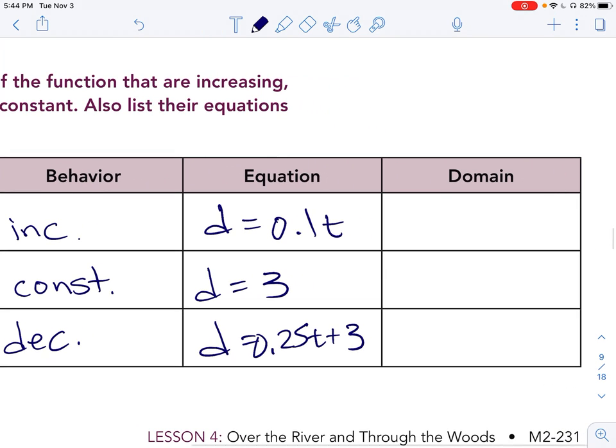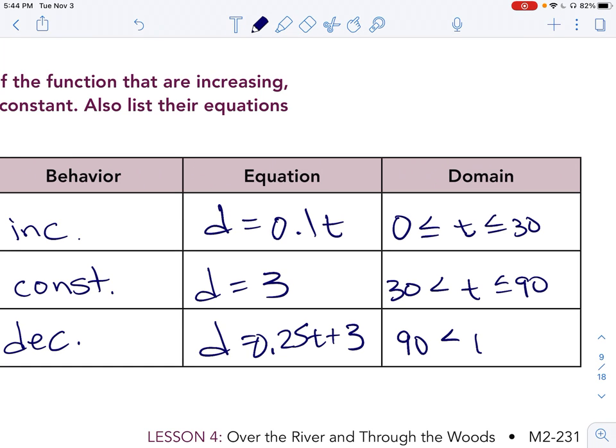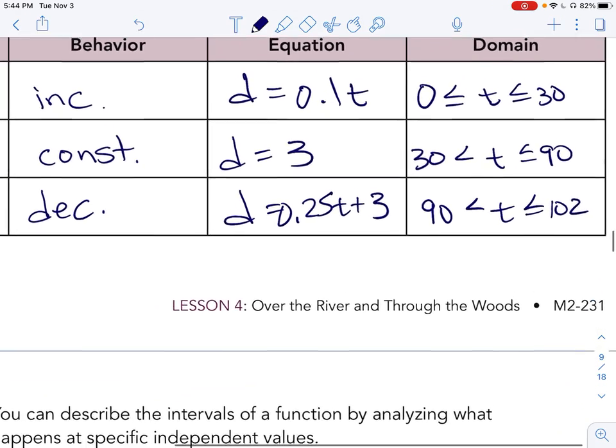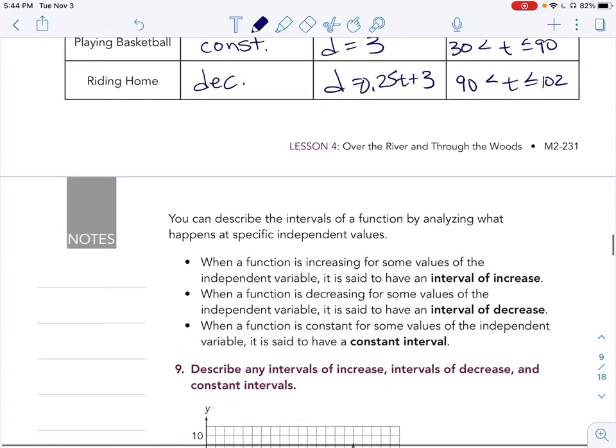Okay, the domain here, we started at 0 and we went to 30 minutes. Then from 30 minutes, we went to 90 minutes. And at 90 minutes, we went to 102 minutes. Okay.